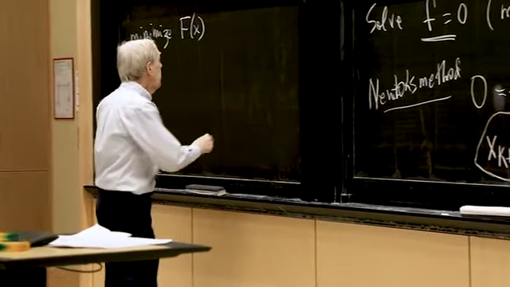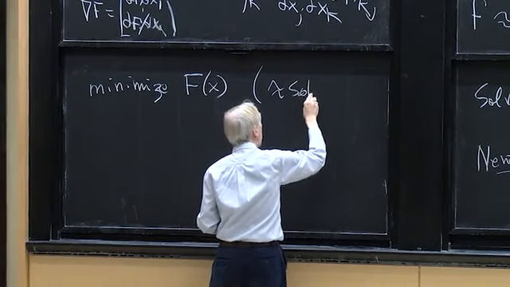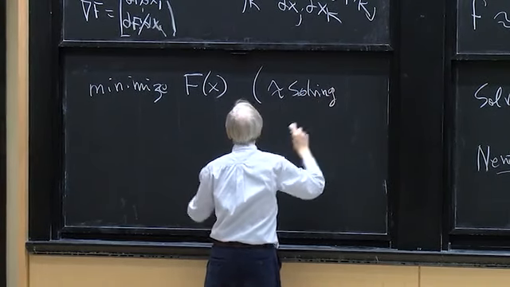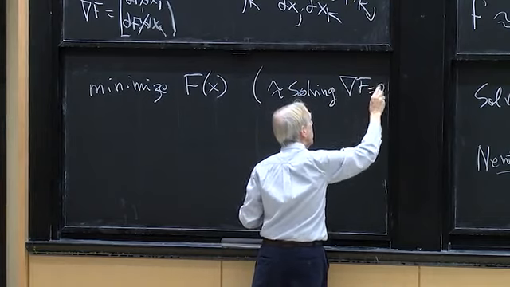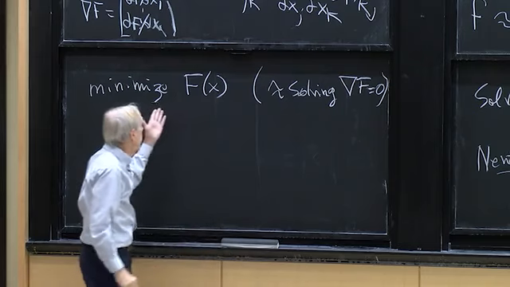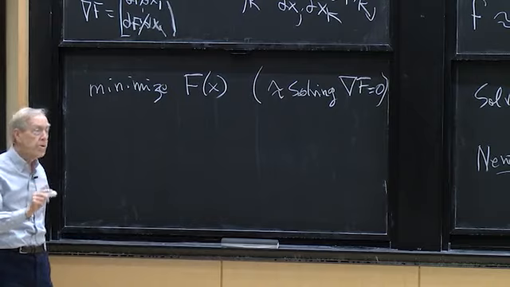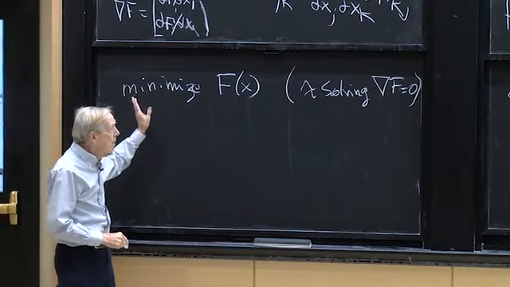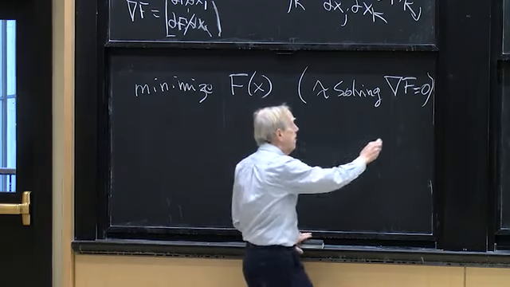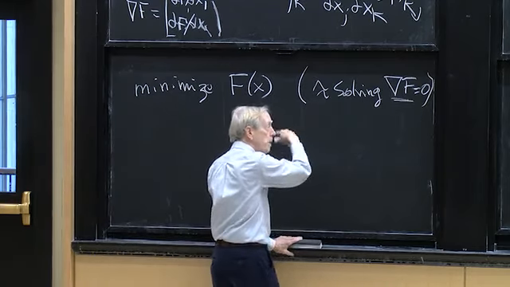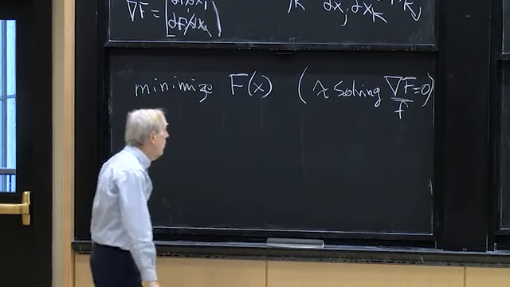Well, of course, this corresponds to solving the gradient equals 0. At a minimum, if I'm minimizing, I'm finding a point where all the first derivatives are 0. So that'll be the match between these, that this grad f in this picture is the small f in that picture. Okay.